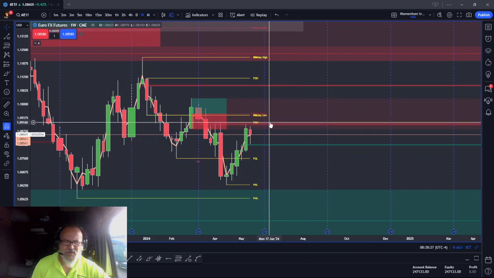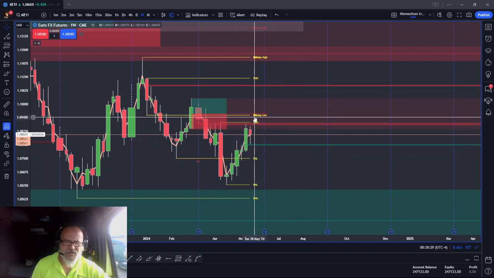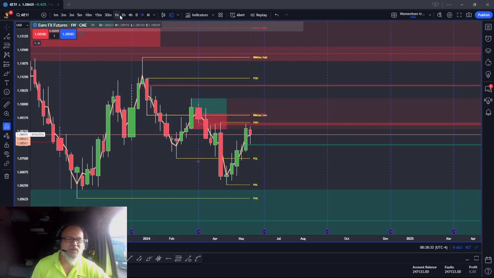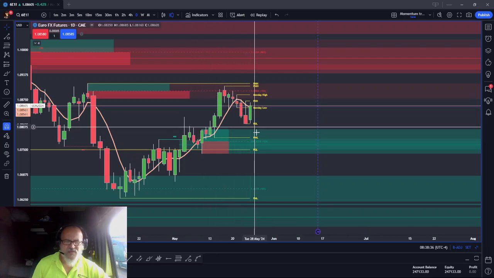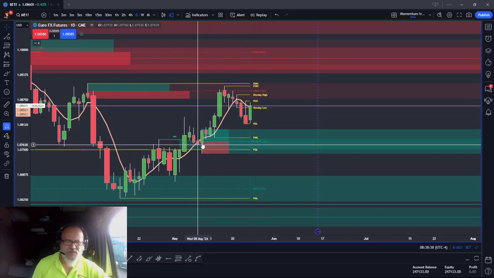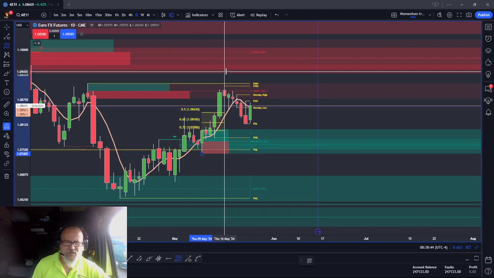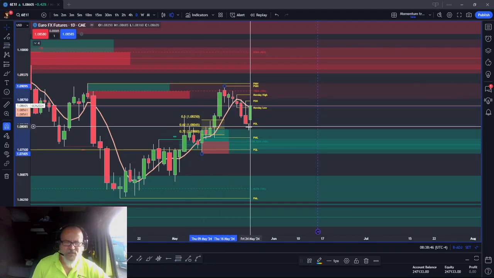Look and see how it reacts when we get to some time-based liquidity on smaller time frames. The daily definitely had a pullback. We had displacement here. If we were to mark that out, we came almost to the 6.2.